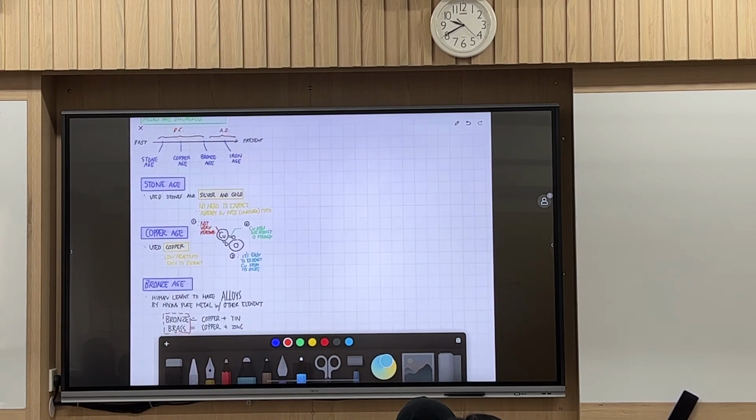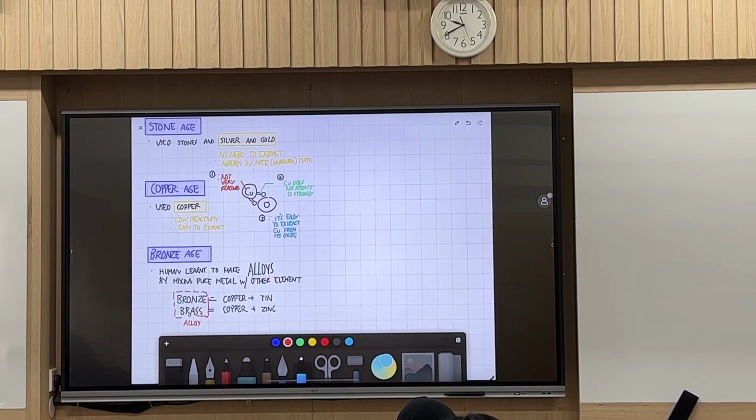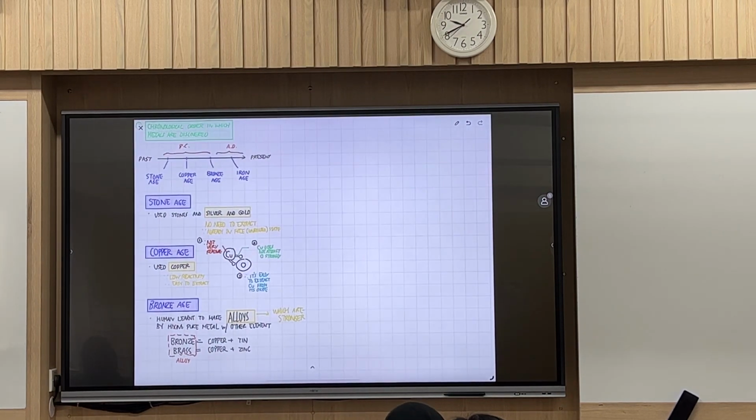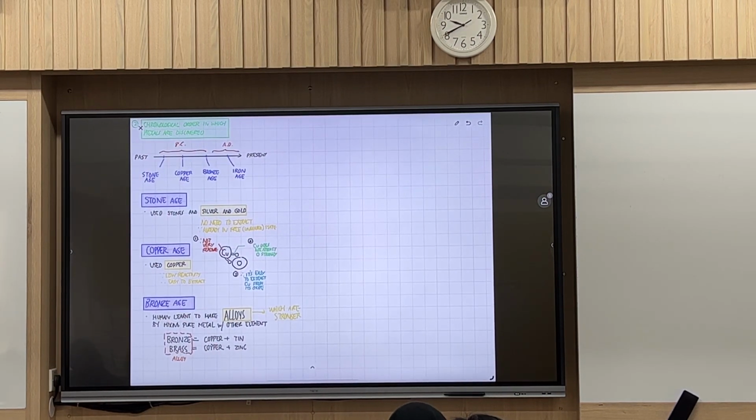So this is why Bronze Age comes after Copper Age. Alloys are stronger. Therefore, we learned to build stuff that is stronger. We learned how to weld, make swords and stuff.